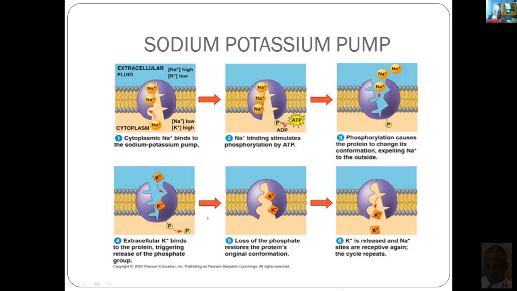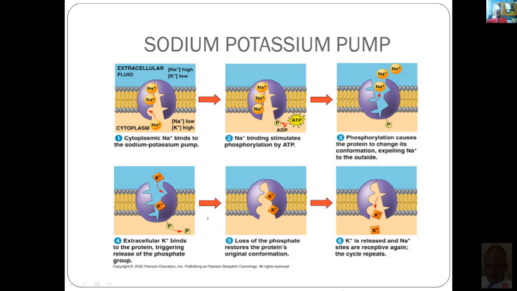In step 3, phosphorylation causes the protein to change shape, change its conformation, expelling the sodium outside. Good. And the extracellular potassium now binds to the protein, triggering the release of a phosphate group. Loss of the phosphate group restores the protein's original shape, and therefore it will release the potassium inside.